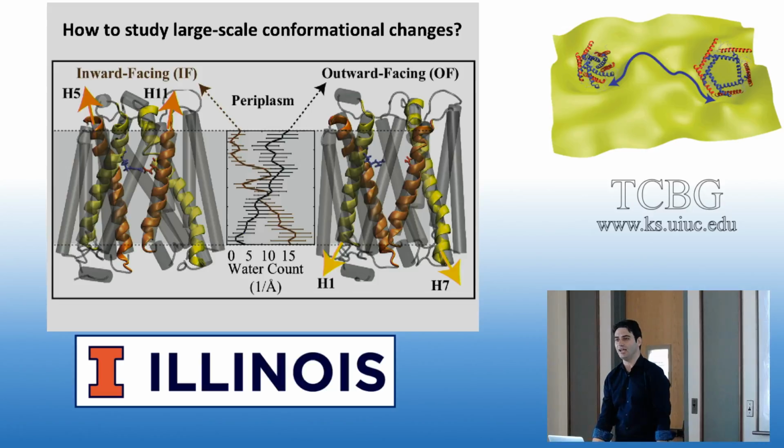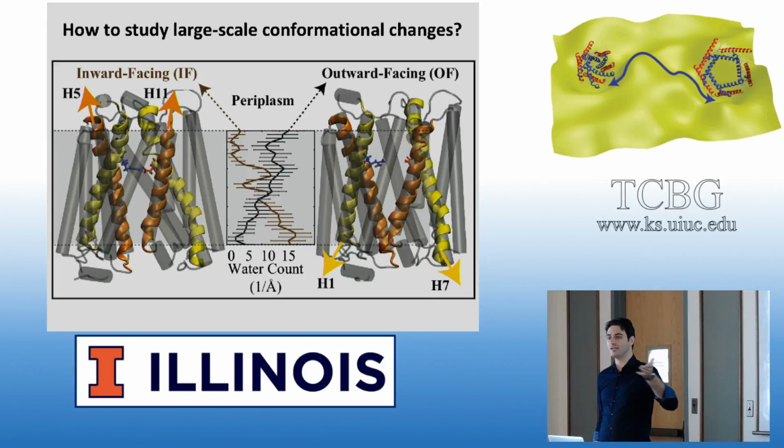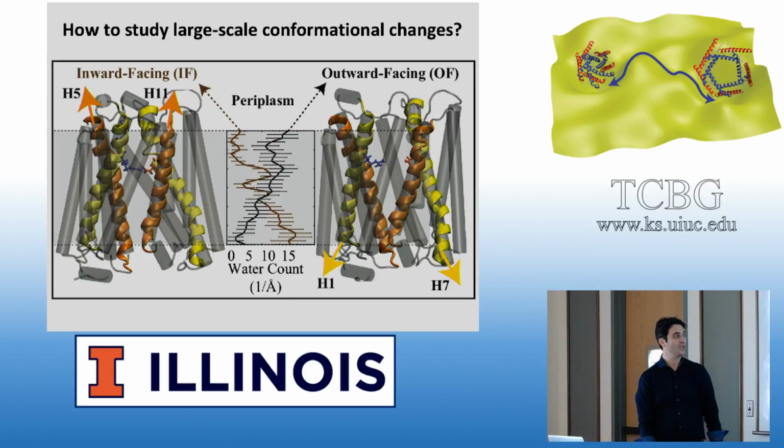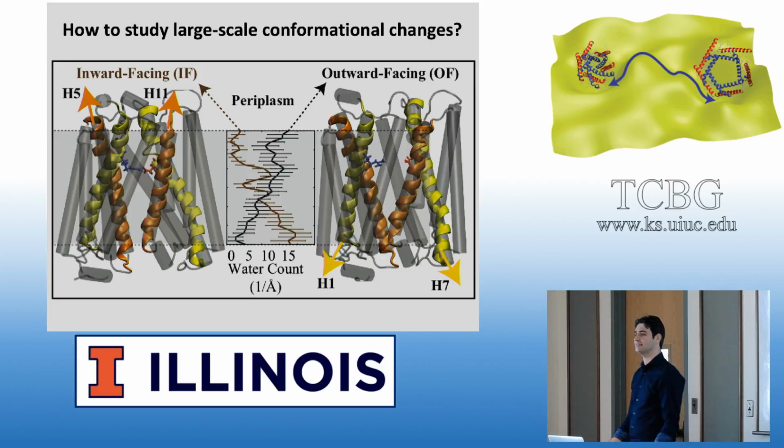So the collective variables that you define should be good enough, at least to generate the transition that you're interested in. And it's not just the end state. The intermediate states are sometimes important as well.